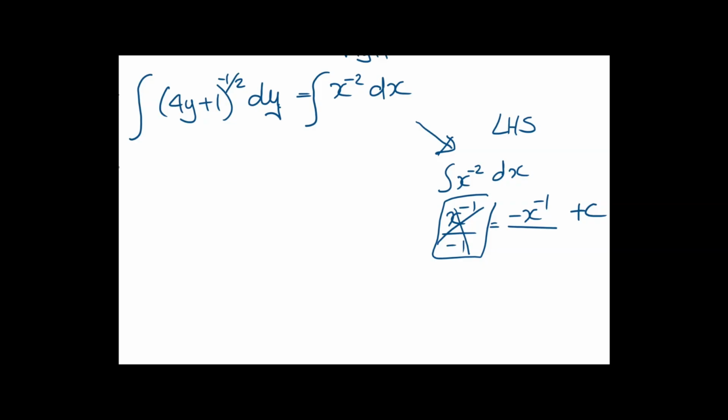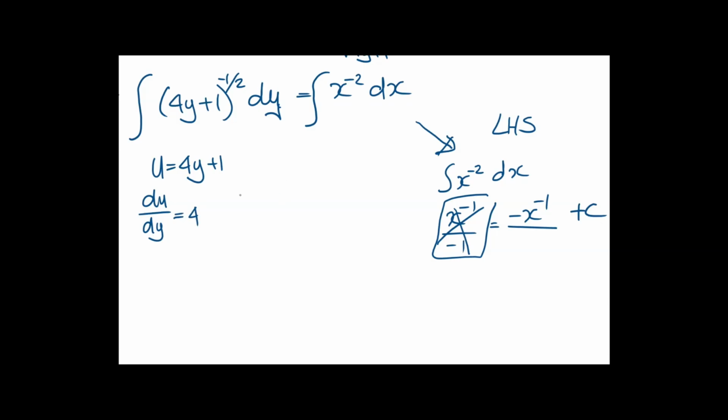Okay, going to this left-hand side. So what I'm going to do, I'm going to make the obvious u substitution. u is 4y plus 1, and that tells me that du by dy is going to be equal to 4.